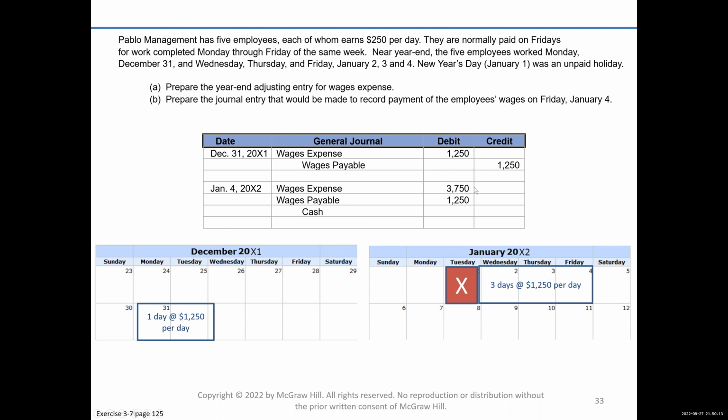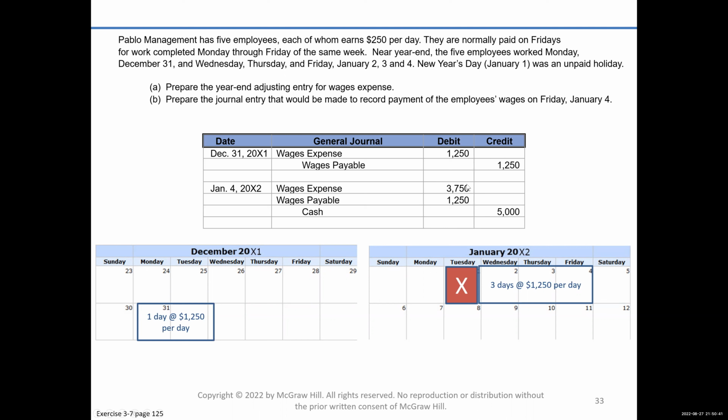The wage expense of January, these 3 days, and then what we owed from before in December. That's $5,000. So debit wage expense, $3,750. Debit wages payable, $1,250, and then credit cash, $5,000.